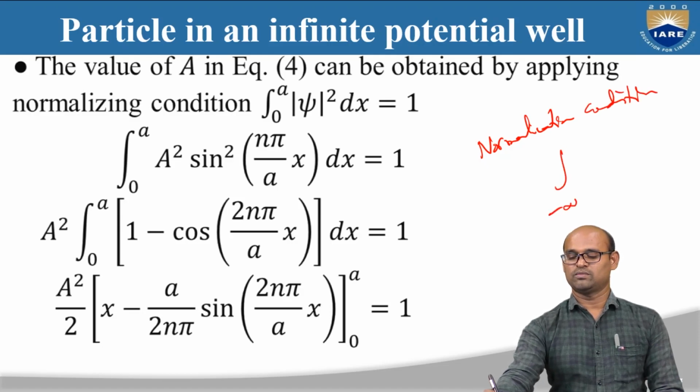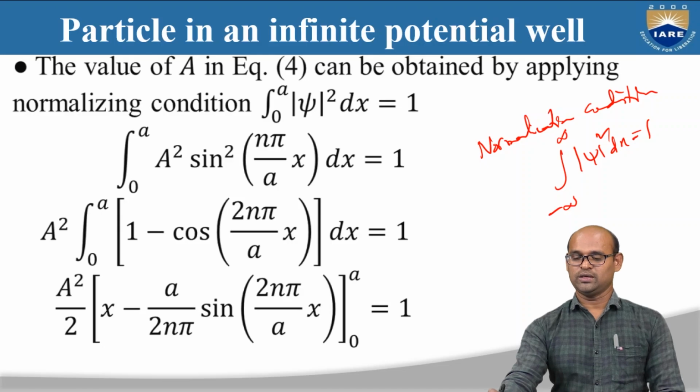We have defined the integral from minus infinity to infinity of |ψ|² dx must be equal to 1 in one dimension. But here the dimension of the box is 0 to a.